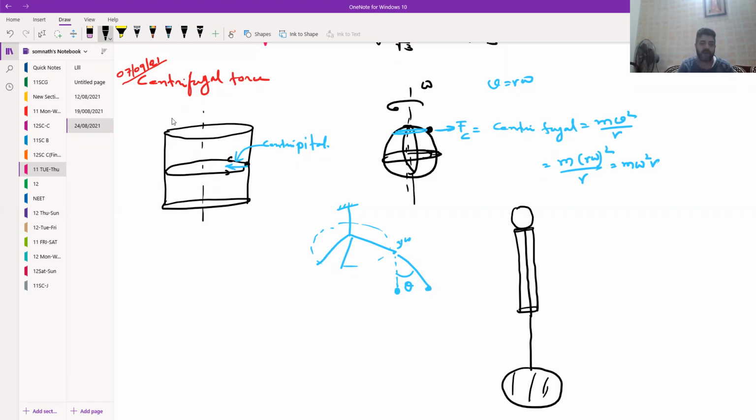Without touching the string and bob, how do you touch this bob here? Tell me. The best thing is that you have to hold the pipe like this and rotate it like this. When you are rotating, that means you are rotating the system.